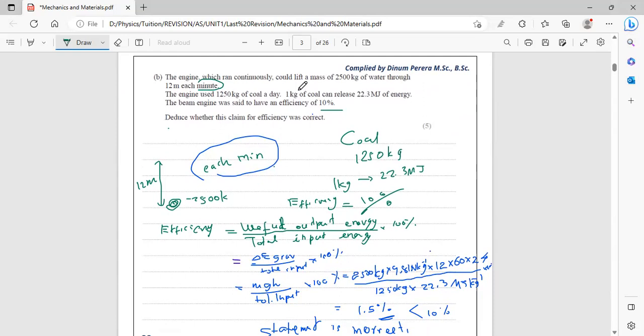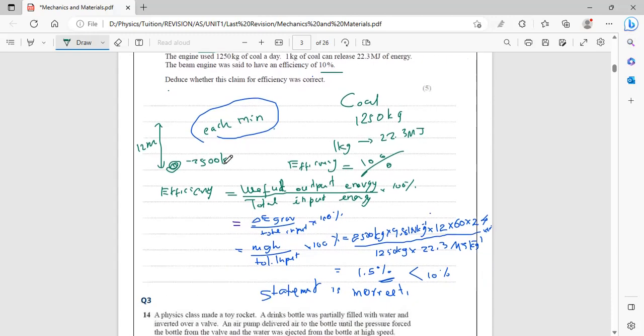The engine used 1,250 kilograms of coal a day. 1 kilogram of coal can release 22.3 megajoules of energy. The beam engine was said to have the efficiency of 10%. Deduce whether this claim for efficiency was correct.